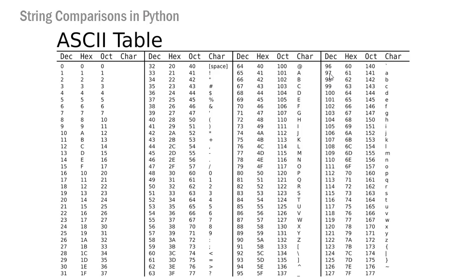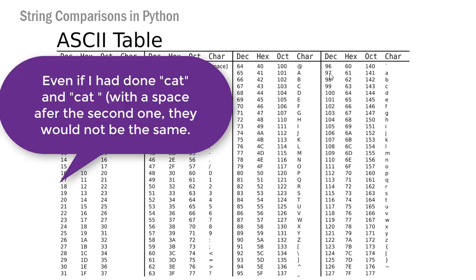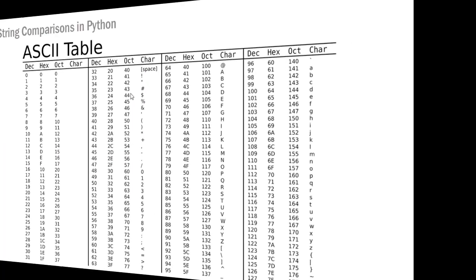But I gave the example earlier that if I'd put a space after cat, if I did both lowercase cat for the first one and cat space for the second one, then they would not be the same, because we get to that fourth character and the second string has a space, which is a decimal 32. The first one doesn't have anything, and so those are not equivalent.